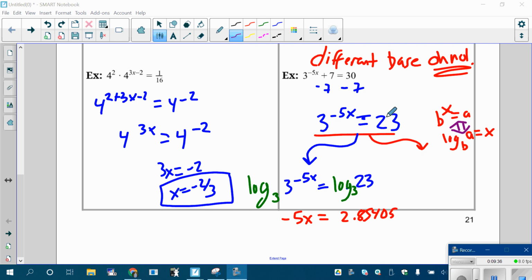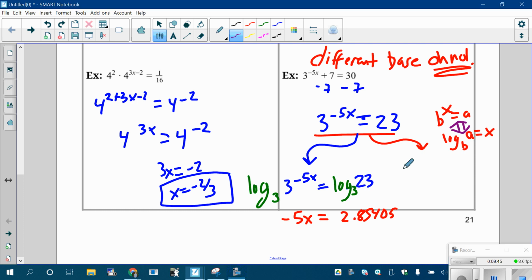So I can convert it to log form. The base of my log would be 3, the argument would be 23, and it would equal negative 5x. Well, what's log base 3 of 23? 2.85405 equals negative 5x.